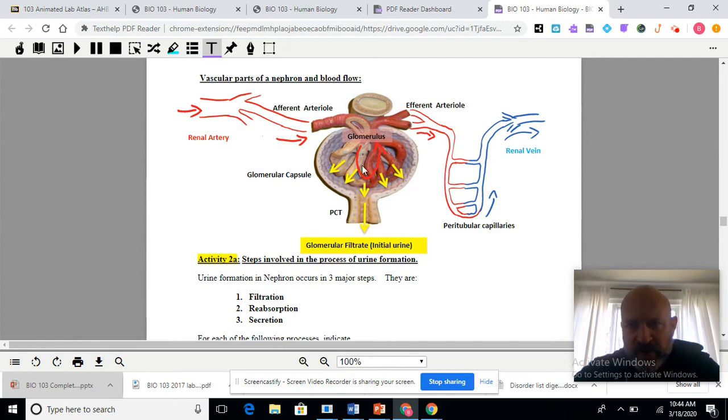From here, the filtered blood leaves and enters the peritubular capillaries. These go over the other tubules of the nephron, starting with the proximal convoluted tubules, where the good items are put back into the blood, then down into the loop of Henle and the distal convoluted tubules before exiting the blood completely filtered.